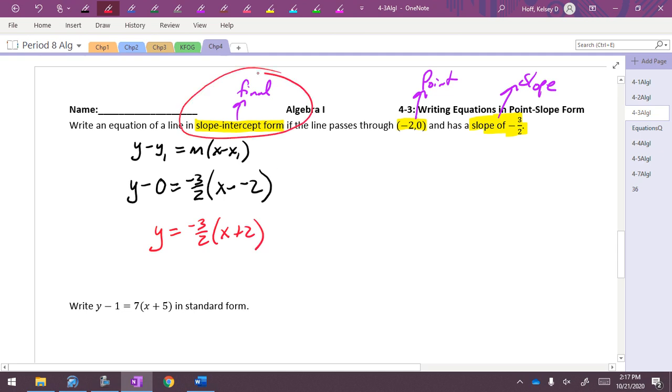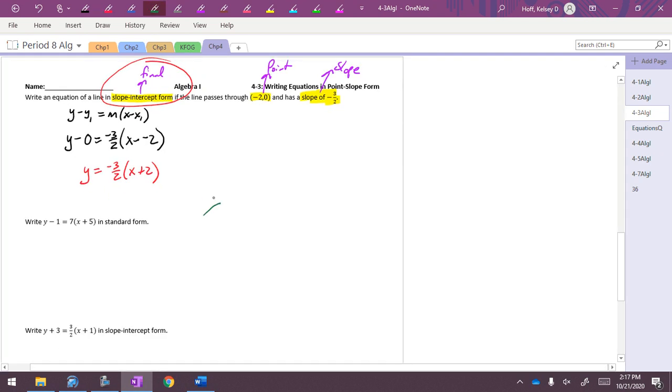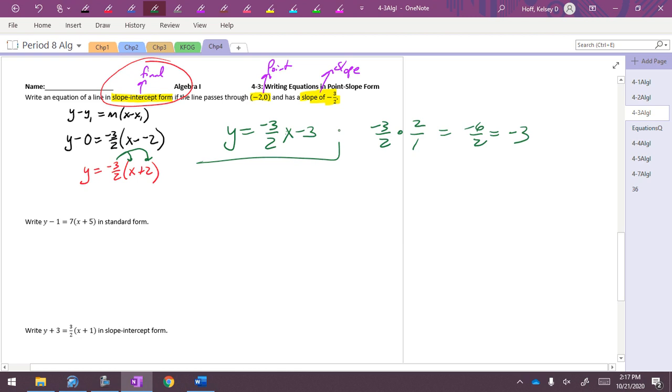Does that mean I'm in slope-intercept form? Well, y is by itself. Yeah, I have to distribute. I can't have my parentheses. So if I distribute, y equals -3/2 x, -3/2 times 2/1, be -6/2, which is -3.